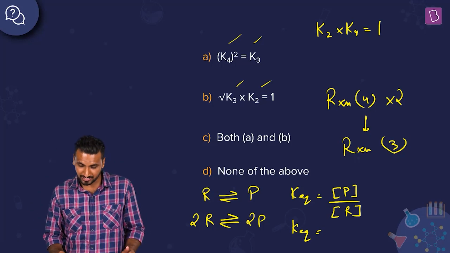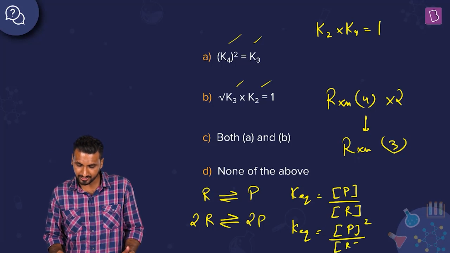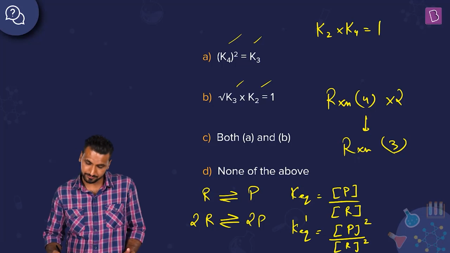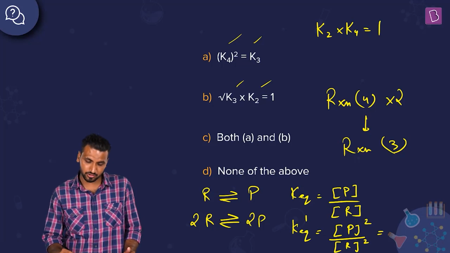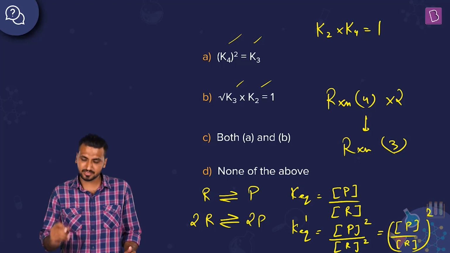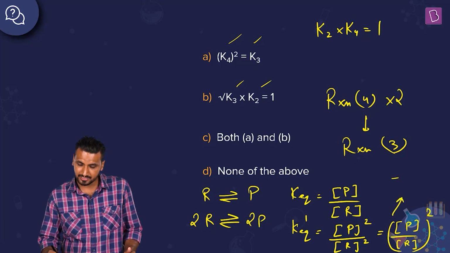You have to remember that. So concentration of product square upon concentration of reactant square. This will be your new K equilibrium, right? So this will be concentration of product by concentration of reactant whole square. This is nothing but K equilibrium whole square.